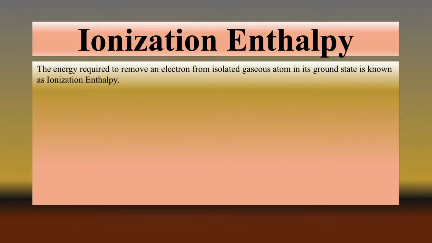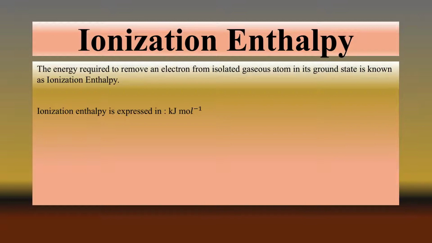The energy required to remove an electron from an isolated gaseous atom in its ground state is known as ionization enthalpy. So ionization enthalpy is expressed in kilojoule per mole. Ionization enthalpy is also sometimes known as ionization potential, because it is the minimum potential difference required to remove the loosely bound electron from the isolated gaseous atom.